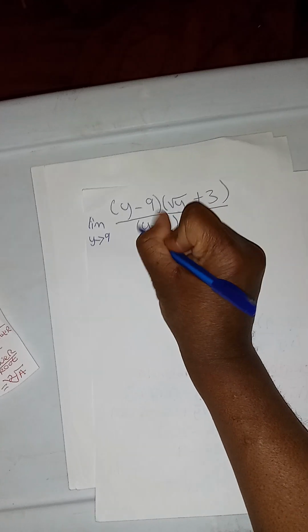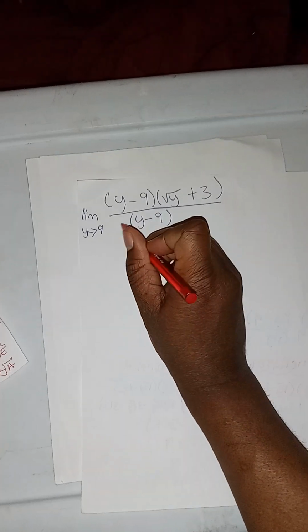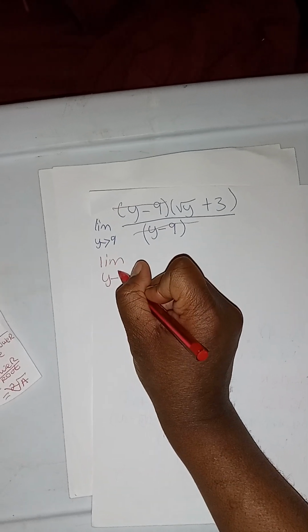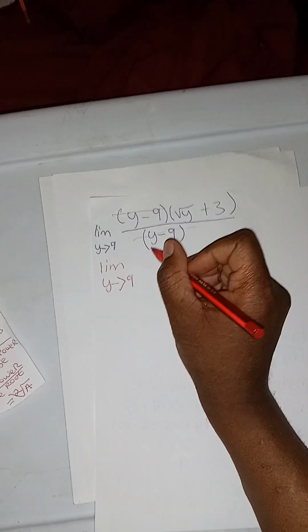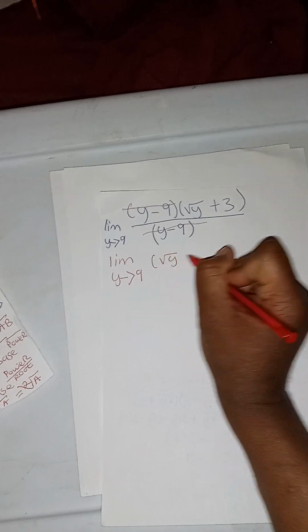And let's put parentheses around this. And then we notice y minus 9 will cancel out. And then we're left with the limit as y approaches 9 of the square root of y plus 3.